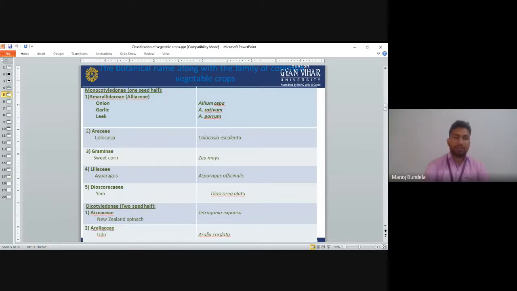There are three types of yam: greater yam, lesser yam, and medium yam.